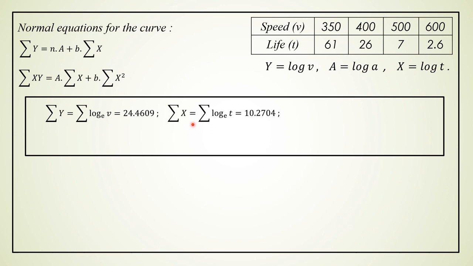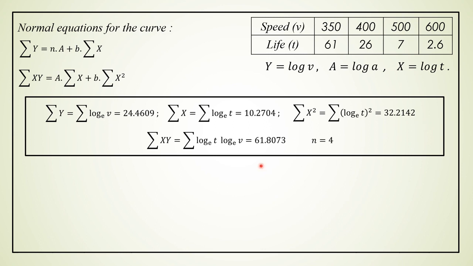Summation x, which is summation of log T, is equal to 10.2704. Summation x square, which is summation of log T whole square, is 32.2142. And summation of xy, which is summation of log T into log V, is equal to 61.8073. The number of observations is 4, therefore the value of n is equal to 4.